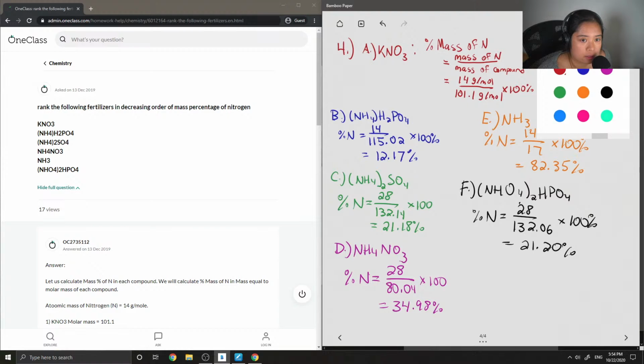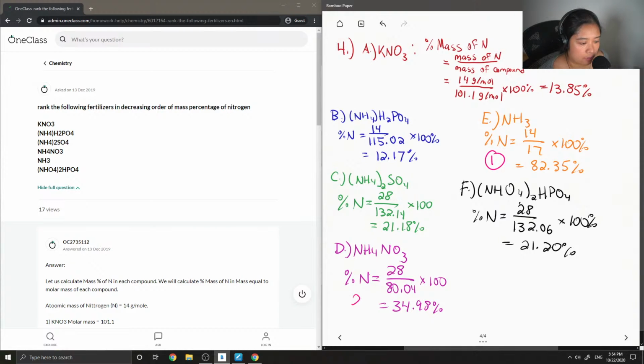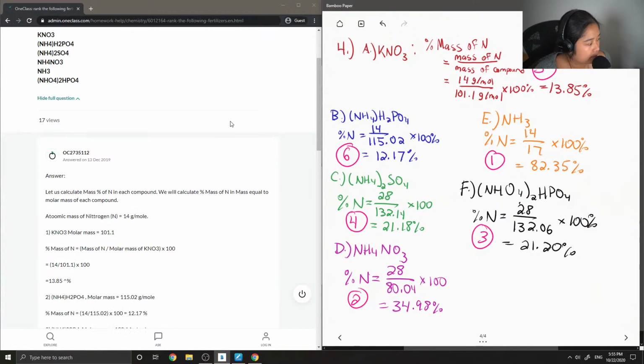So I'm gonna rank these now. From highest to lowest, E is number 1. And then D is number 2. And then F is 3. C is 4. A is 5. And then B is 6. Let's check out the answer from our junior tutor.